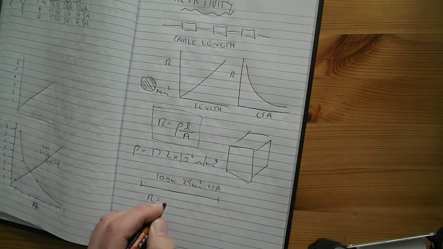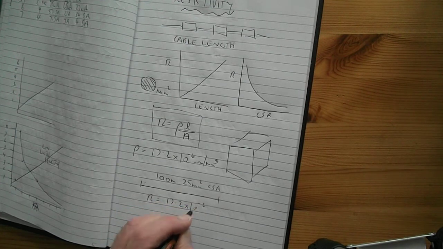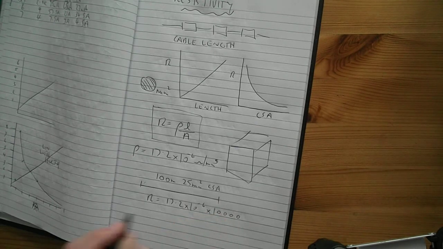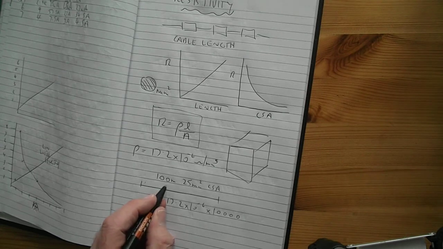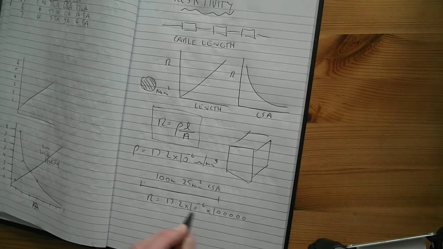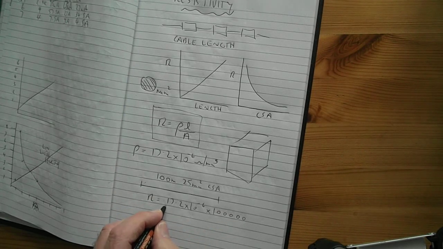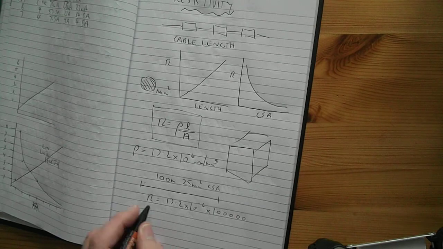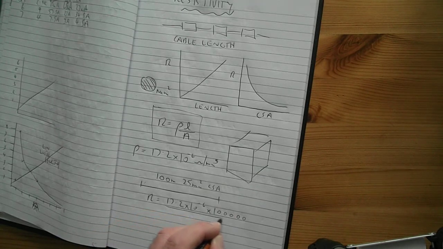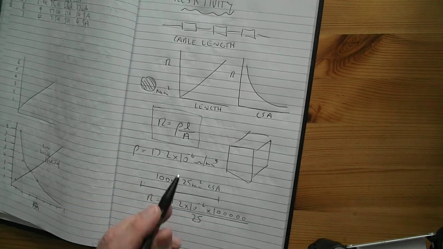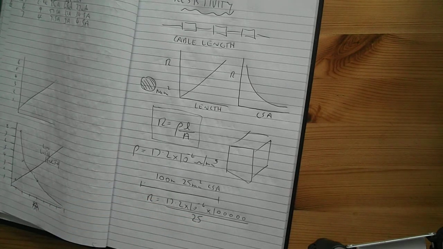The resistance will become rho, which is 17.2 times 10 to the minus 6, times 100 meters times 1000, which is 5 noughts on the end, so it's 100,000 millimeters, or you could call it 10 to the 5 if you wanted to. You divide that by the area, and because we've converted everything to millimeters, we just write in 25.